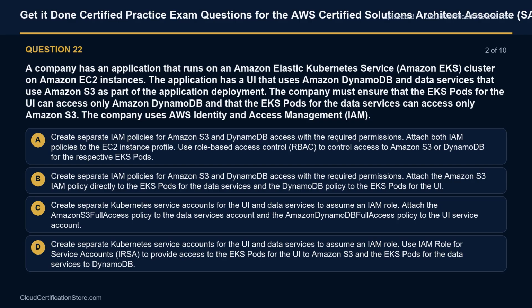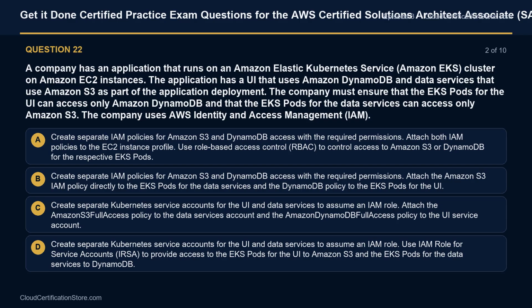Option A. Create separate IAM policies for Amazon S3 and DynamoDB access with the required permissions. Attach both IAM policies to the EC2 instance profile. Use role-based access control (RBAC) to control access to Amazon S3 or DynamoDB for the respective EKS pods.